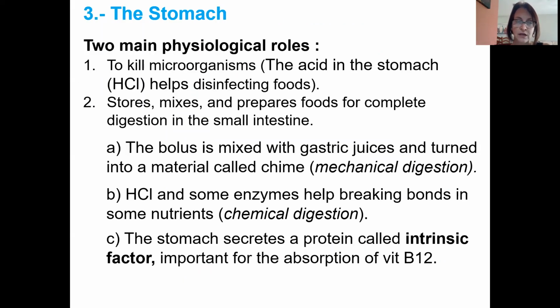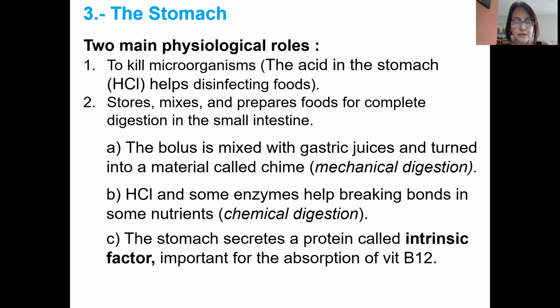So stomach is the next part. It has different roles. In one way, it helps you to kill microorganisms with the help of the acid in the stomach.